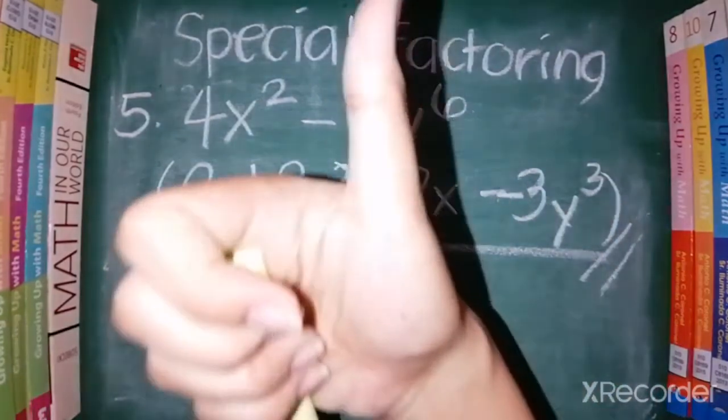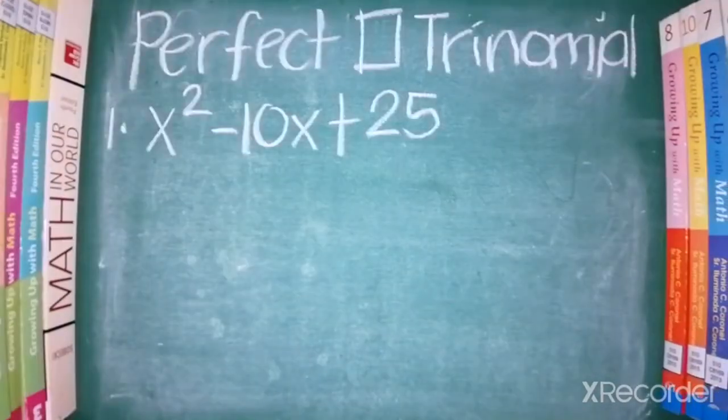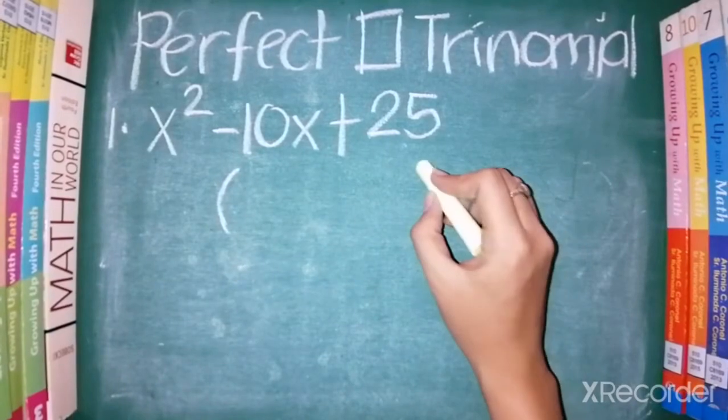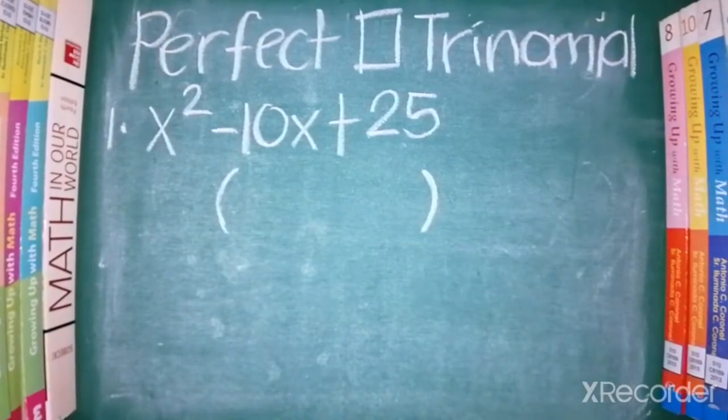Okay. Factoring polynomials using perfect square trinomial. When we say perfect square trinomial, the factors are identical or the same. So the given polynomial must be in the form of a² + 2ab + b². Okay? So we have here an example: x² − 10x + 25. Since we have the same factor, we can only use one parenthesis. So how to factor this one?